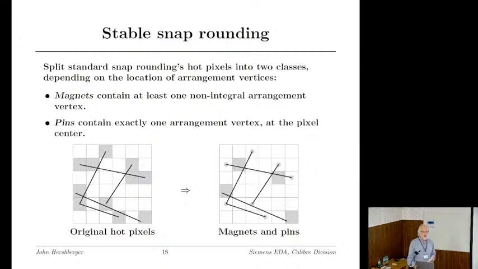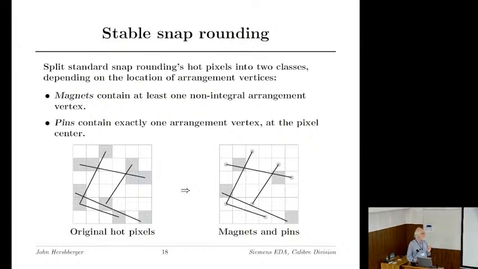I first thought of stable snap rounding, which I invented about 15 years ago to try to make snap rounding idempotent. The idea of stable snap rounding is that it splits snap rounding's hot pixels into 2 classes, magnets and pins, depending on the location of the arrangement vertices. Magnets contain at least one non-integral arrangement vertex, and pins contain exactly one arrangement vertex at the pixel center.